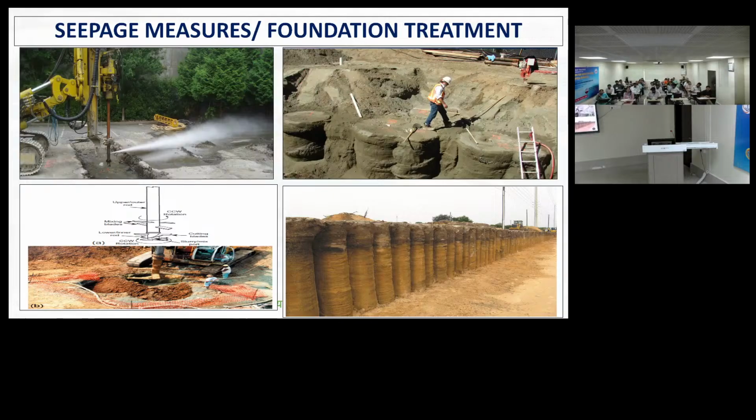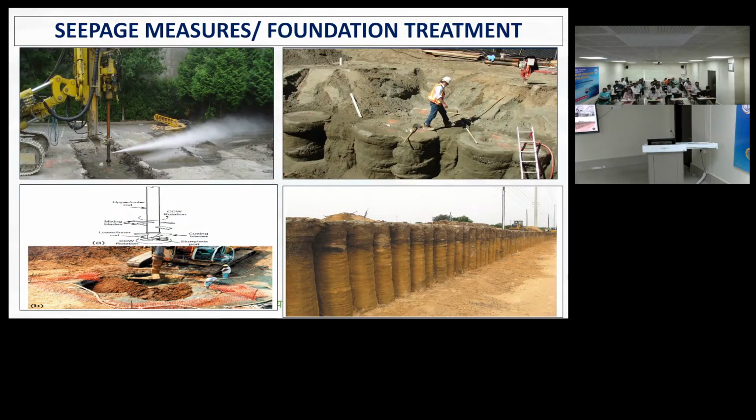The nozzle rotates with high pressure and forms columns like this. But there is a limitation. Diaphragm walls you can go up to 130, 140 meters. With jet grouting you can go up to 60 meters, and it also depends on the stratum.